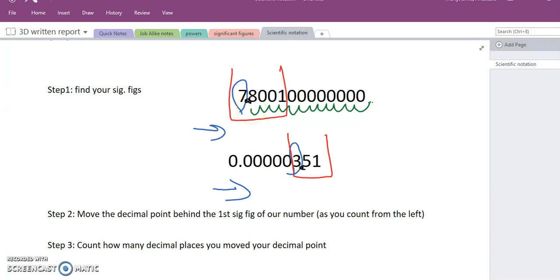This is 12. In my other number, I started from the decimal point once again, and this time I'm moving to the right, and I went 1, 2, 3, 4, 5, 6. All right, so this is 6.